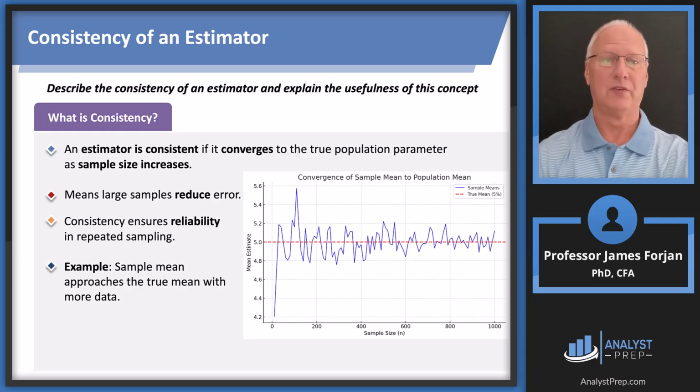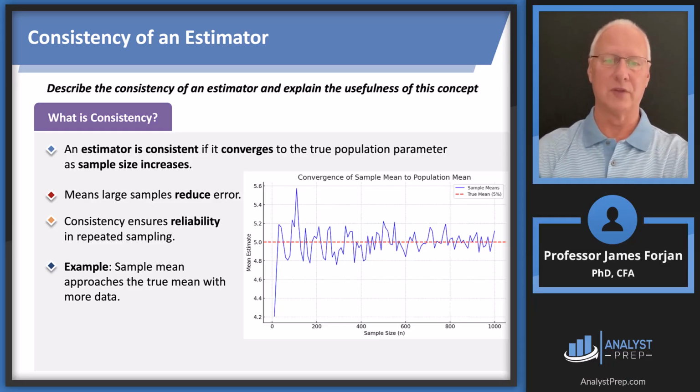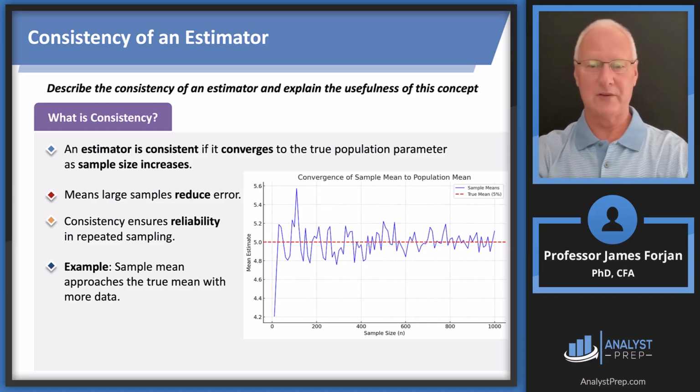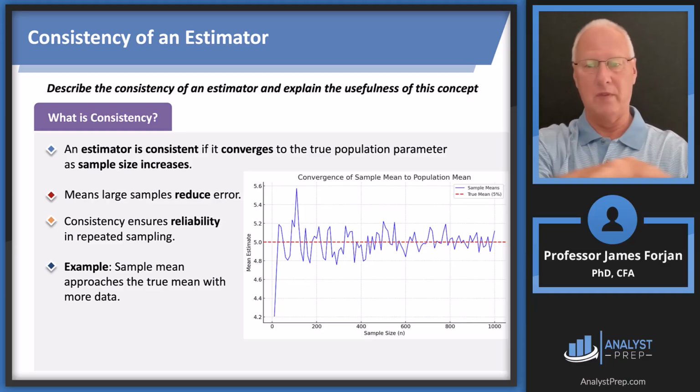Now, what's the usefulness of this? Because if you look at this illustration on the bottom right there, notice we have sample size from 0 all the way out to 1,000, and then there's some mean over there on the vertical axis. So when you have 1, or 2 or 3 observations all the way out to whatever that number is, I mean, look how far away from the true mean of 5% it is.